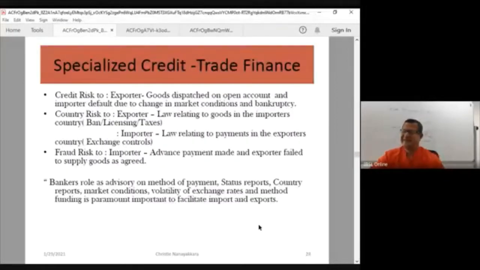Then I also looked at a question that might come from the specialized credit area, which I explained to you: LC, LCU, DP, DA, open credit, also advance payment. So methods were discussed, and also in the slides, the risks are mentioned, including country risk and fraud risk.